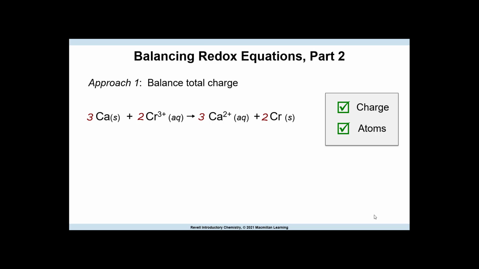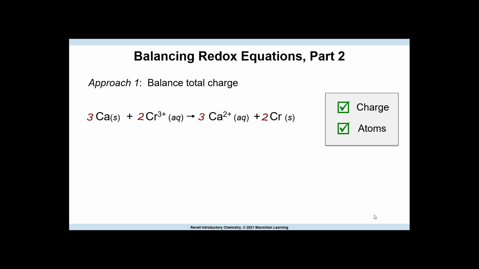To balance the charges, we must add a 2 in front of the chromium 3 plus and a 3 in front of the calcium 2 plus. Now the charge is balanced. There is a total of plus 6 on both sides, but the atoms are not balanced. To balance the number of atoms, we add coefficients to the elemental forms, 3 calcium atoms and 2 chromium atoms. Now the total charge and the number of atoms are balanced.